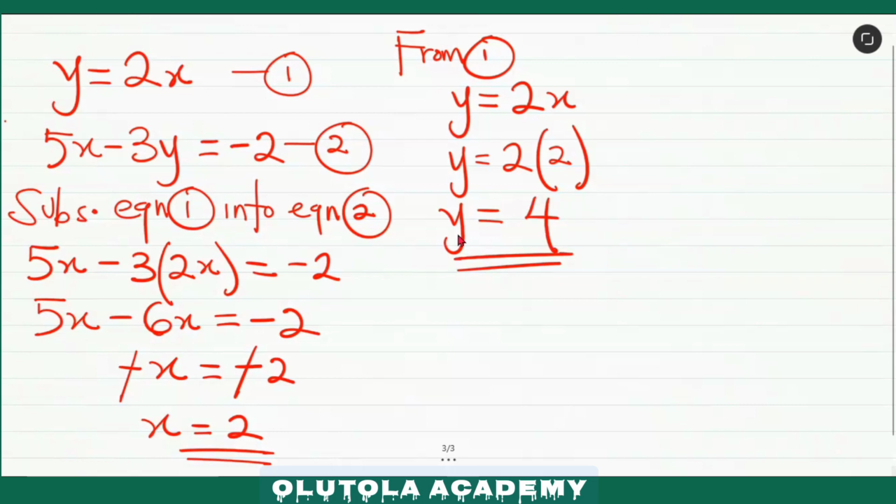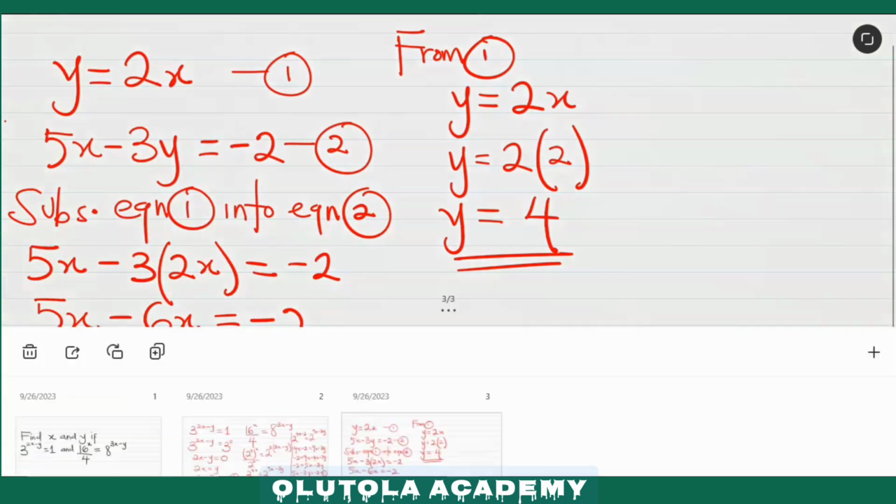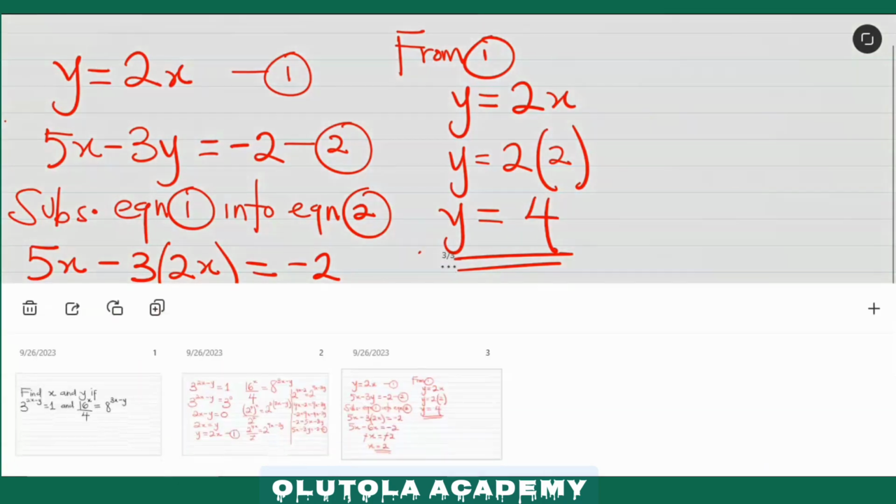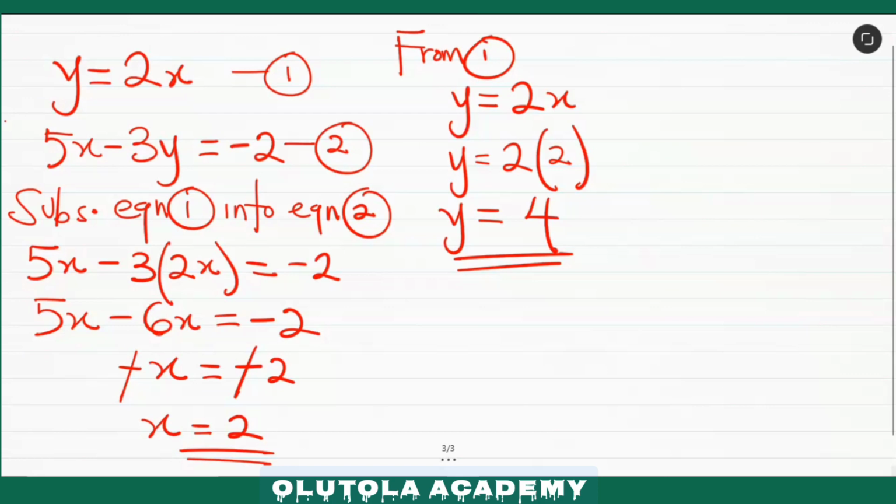If I do a check on the question to see if I'm correct, the question given was 3 raised to power 2x minus y equals to 1. So if I put the value of x as 2 here, I will have 3 raised to power 4 minus 4, y is 4.